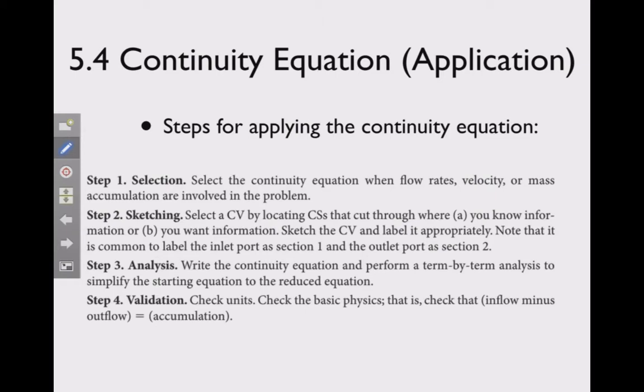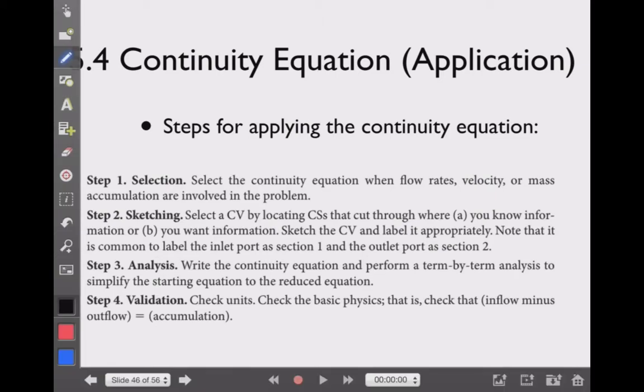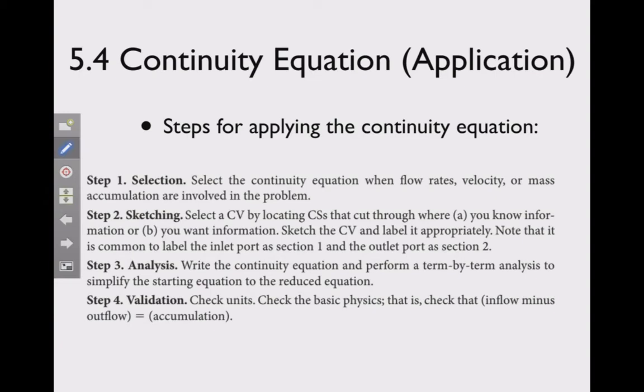It's important to be able to sketch a proper control volume by locating control surfaces. This is actually important. Let me choose a red pen here. We choose control surfaces that cut through where, A, we know information, and B, where we want to know information.